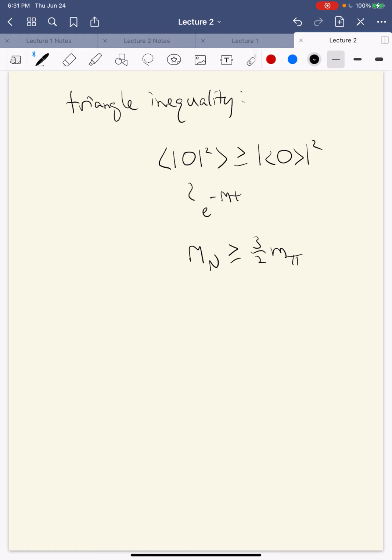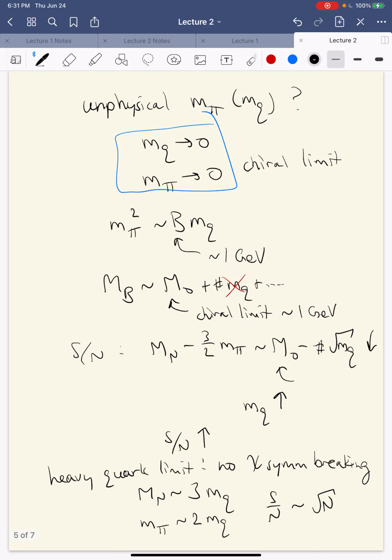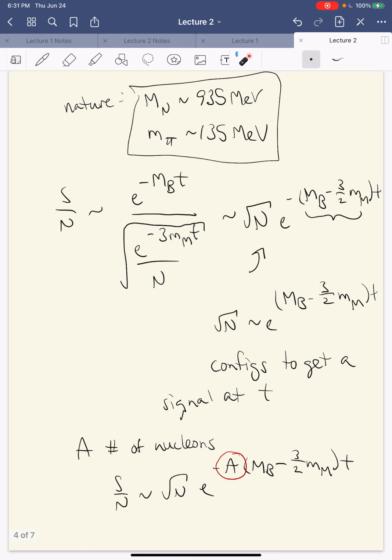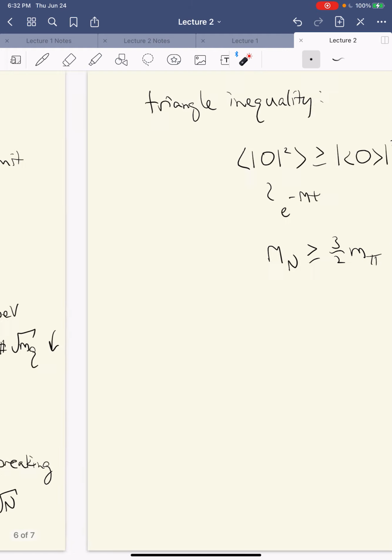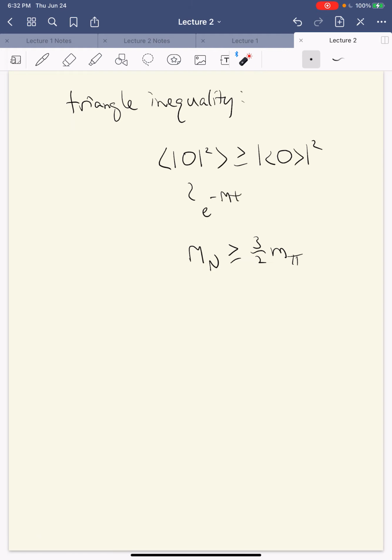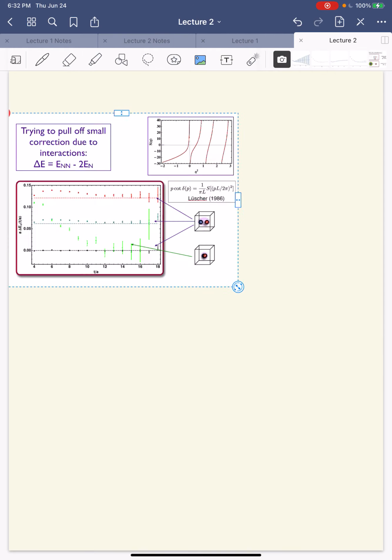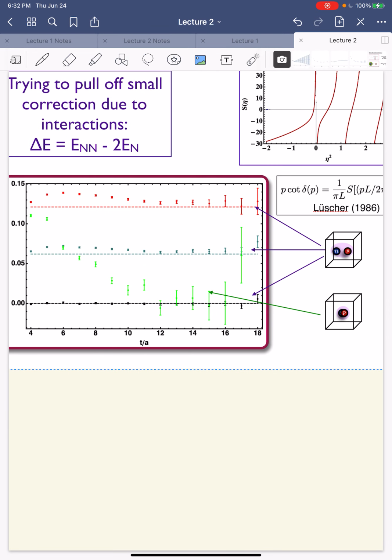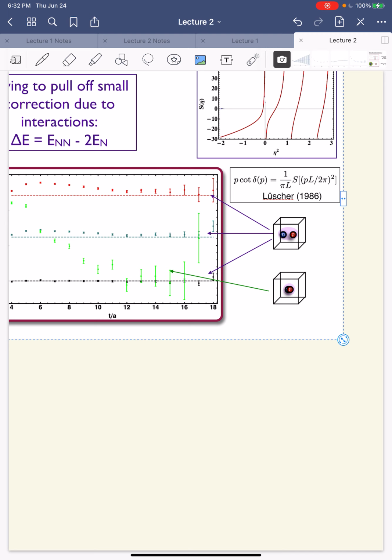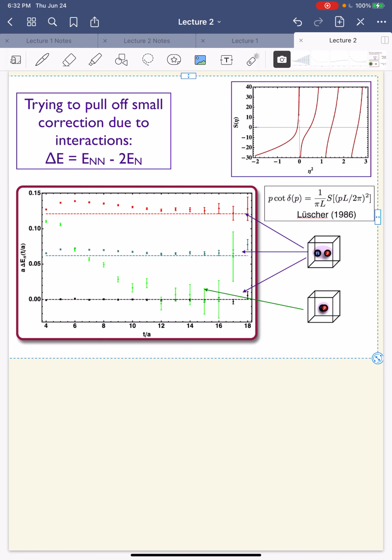And it's an even bigger problem when we're talking about two nucleon systems compared to single nucleon systems, for more than just the fact that the noise scales exponentially with the number of nucleons in the system, but also because we're interested in looking at scattering.